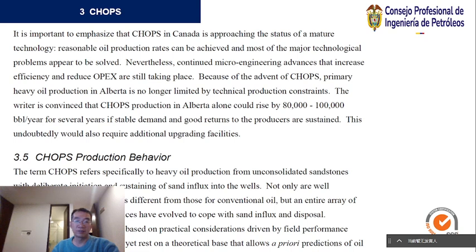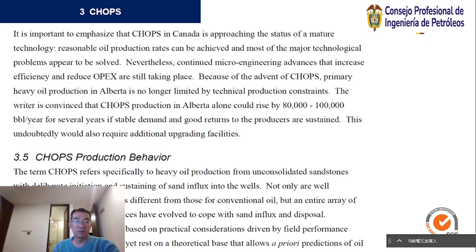CHOPS production behavior. The term CHOPS refers specifically to heavy oil production from unconsolidated sandstones with deliberate initiation and sustaining of sand influx into the well.